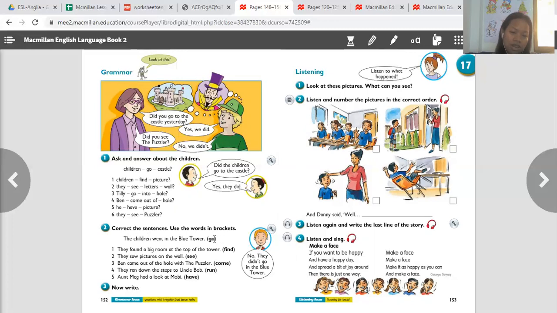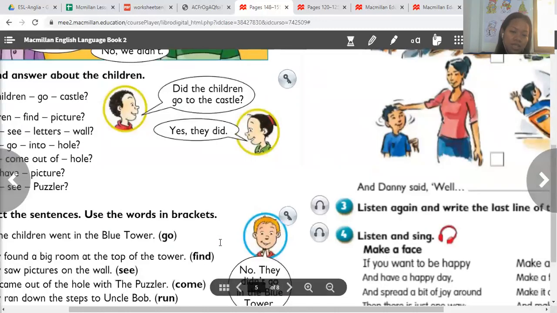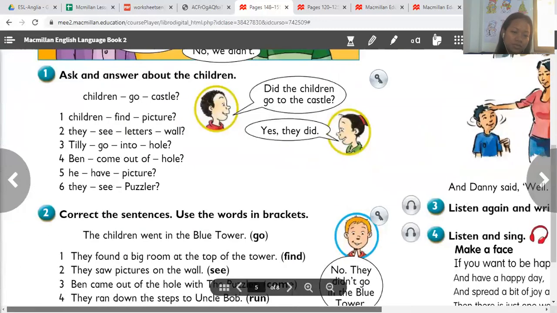So they want you to correct by writing this from the past into the present. So this is a past tense. They want you to change the past tense into the present tense. You understand? So I can give you an example. The children went in the blue tower, becoming, the children go in the blue castle.